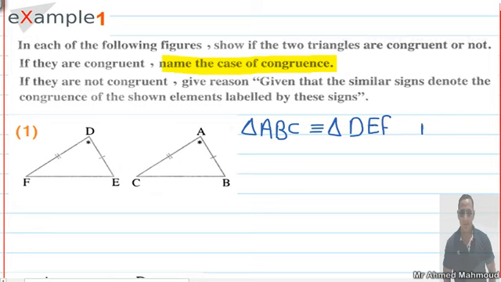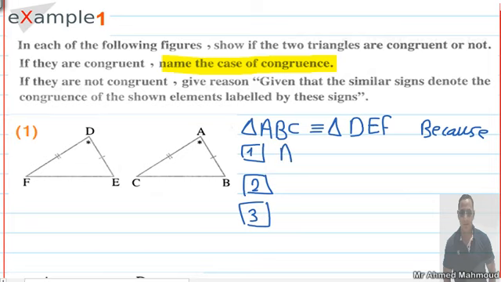because number 1, number 2, and number 3. Number 1, AB side is congruent to DE side.